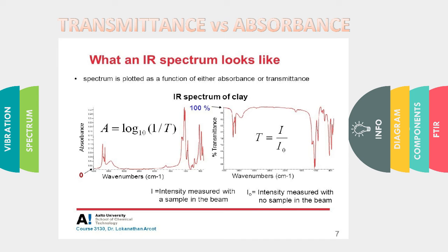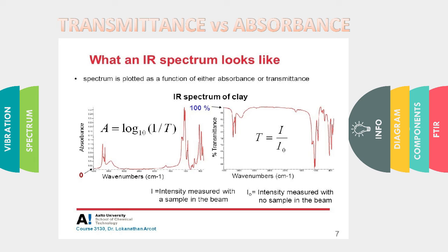Transmittance is given by the equation T equal to I/I0, where I is the intensity of the light after it has gone through the sample, and I0 is the initial light intensity.